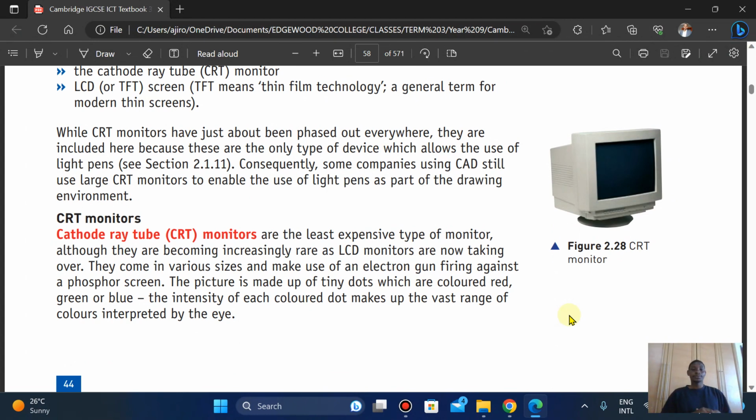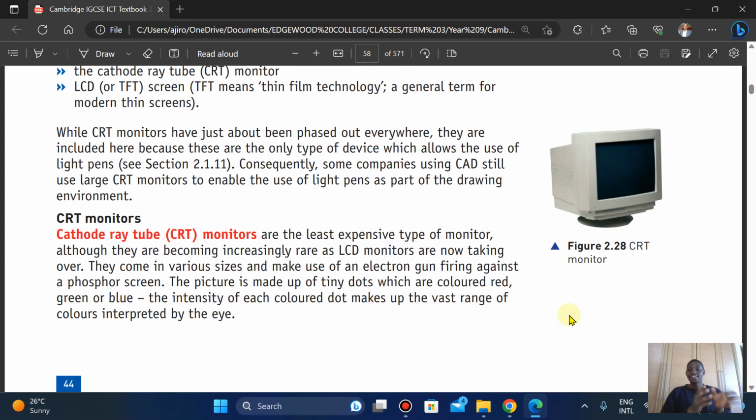But we have to talk about them because they're the only type of device that can allow the use of light pens. Consequently, some companies that use CAD, which is computer aided design, still use those large CRT monitors to enable the use of light pens as part of their drawing environment.